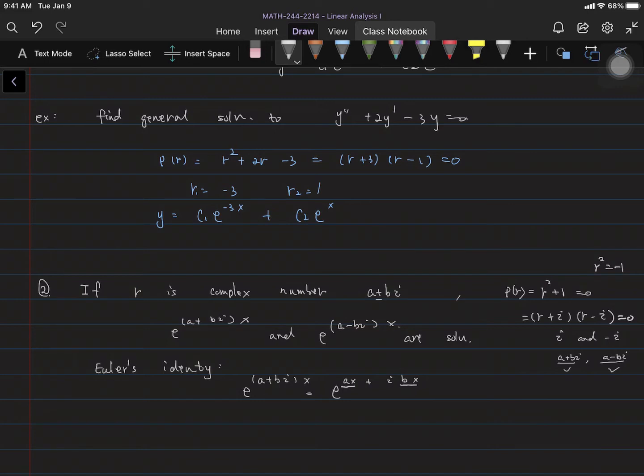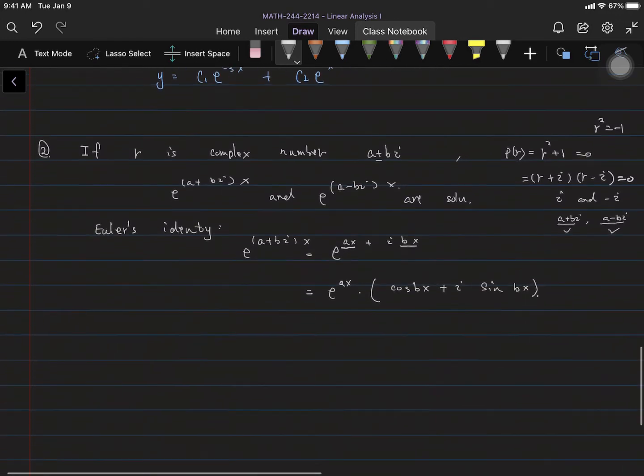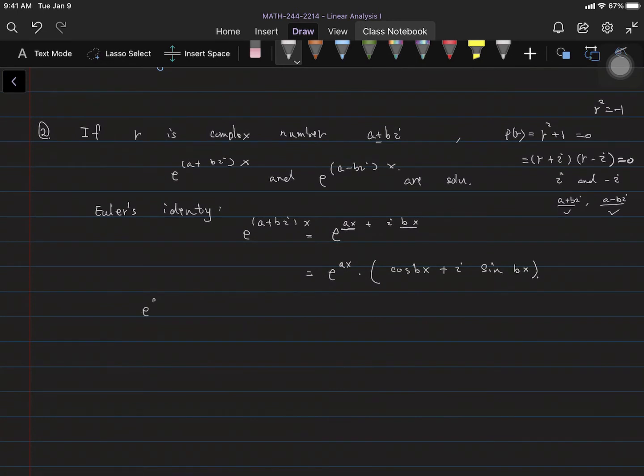And Euler's identity, when we do that, is going to be e to the ax times cosine bx plus i sine bx. The formula is e to the a plus bi equals e to the a times cosine b plus i sine b.